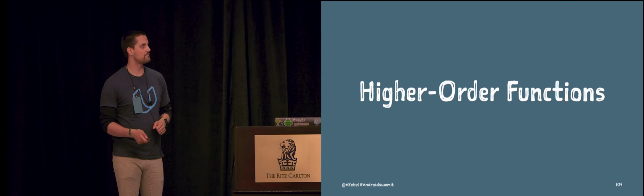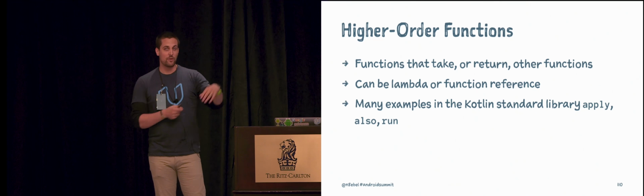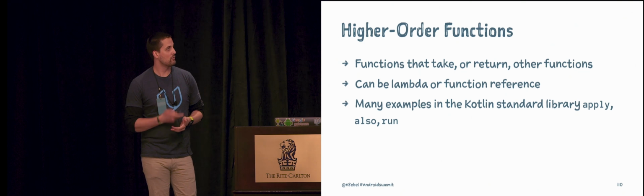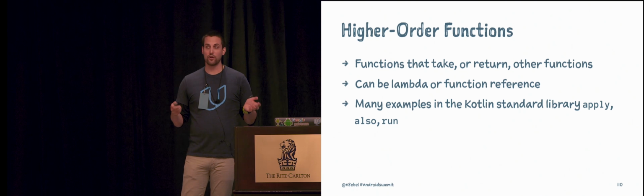Higher order functions. This is one of the really cool things about Kotlin. You can return functions from a function, pass functions to each other, and you can do a lot of cool things with this. This is how a lot of the standard library works. So the functions that you pass in could be a lambda, which we're probably starting to become quite familiar with, or it can be a function reference.